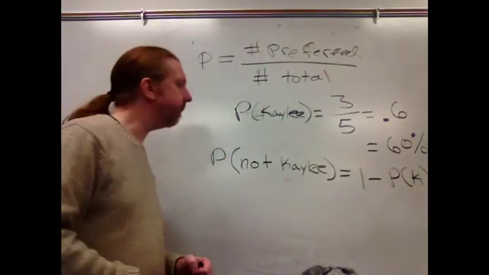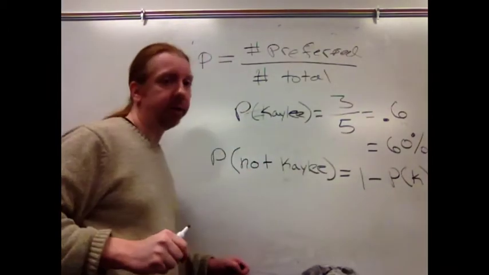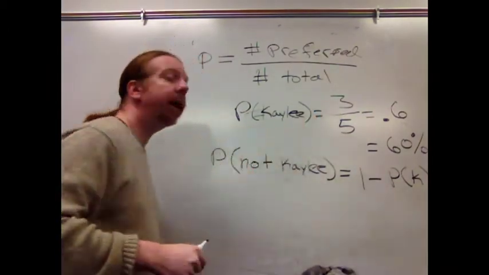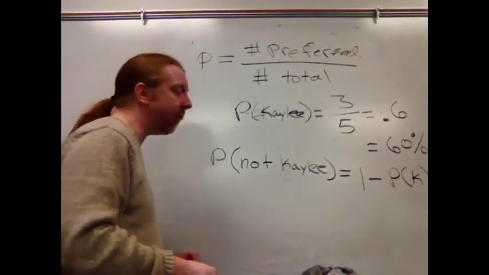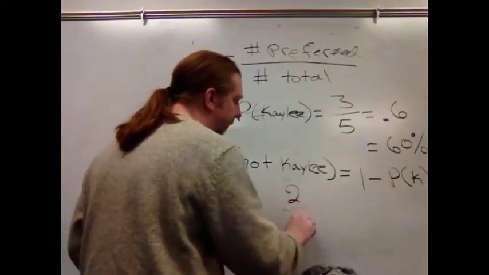Think of it this way. There are 5 cards. 3 of them are Kaylee. How many are not Kaylee? Well, take 3 away from that 5, that leaves 2 out of the 5.